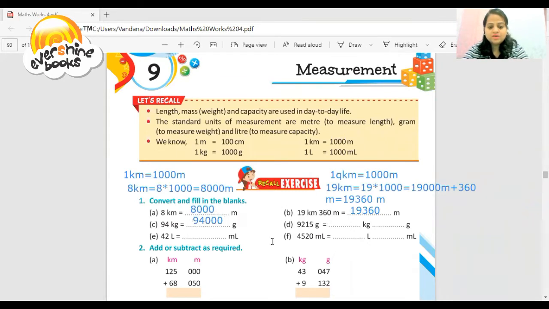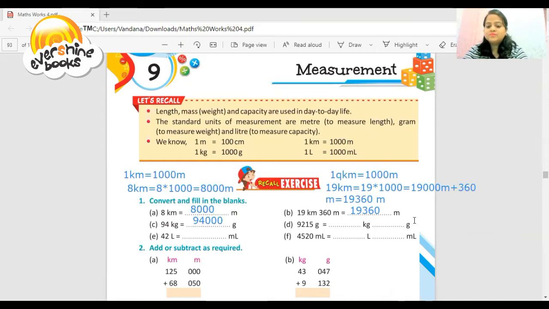Okay, now this is your 9,215 gram. You have to convert first into kilogram and gram, the remaining will be gram. Divide by 1000, because gram is your lower unit, and if you want to convert a lower unit into a higher unit you have to divide.